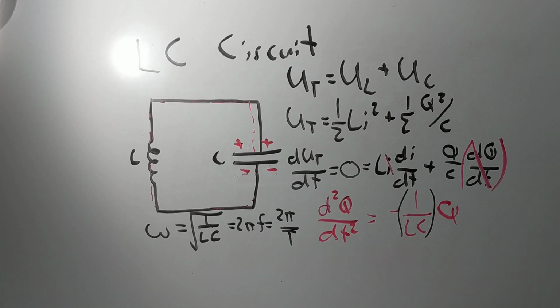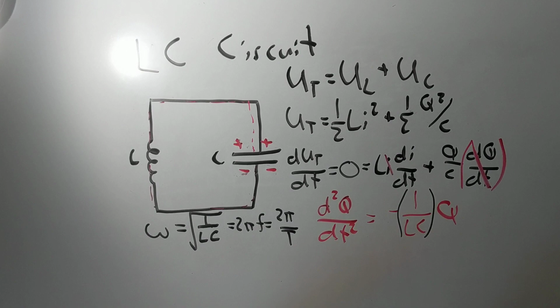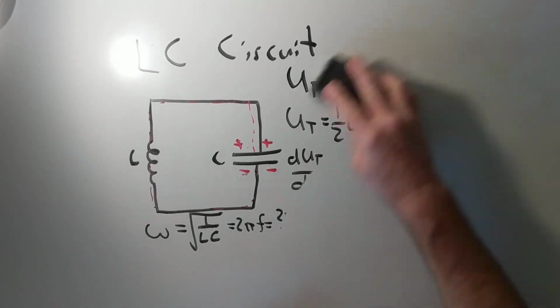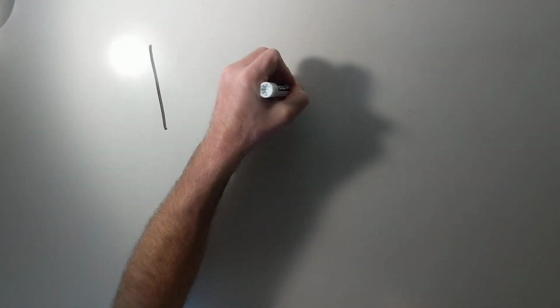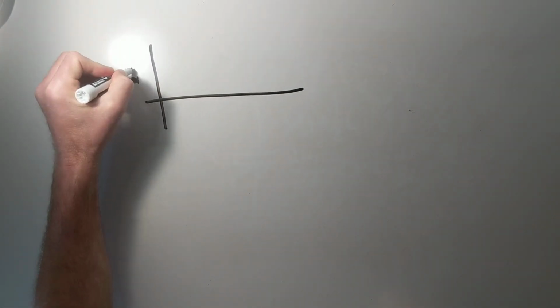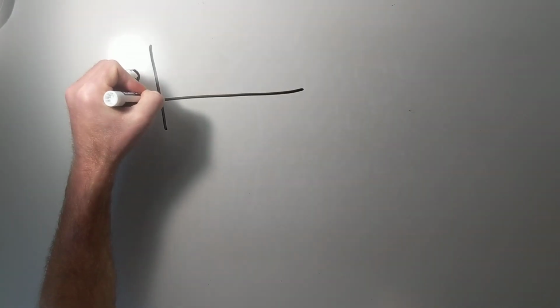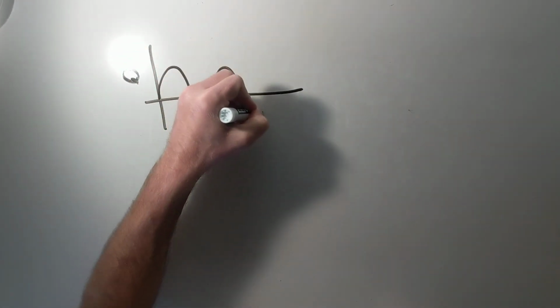Those two quantities are related to time. So what does this mean will happen? This means that it's going to oscillate with the frequency that you can calculate there, and that means the charge on the capacitor is going to oscillate in a nice regular pattern. Nice sine or cosine wave, whatever you'd like.